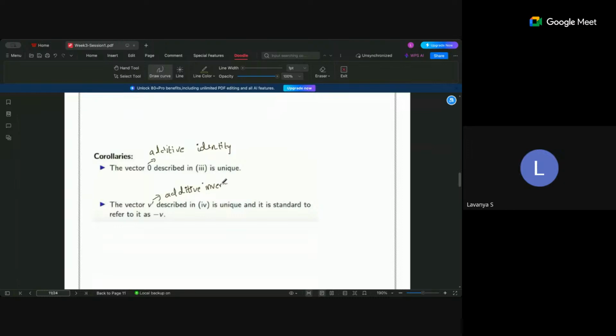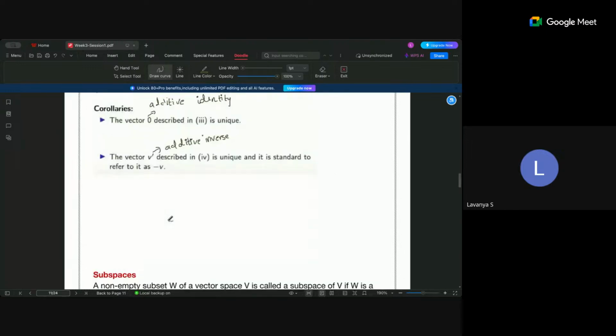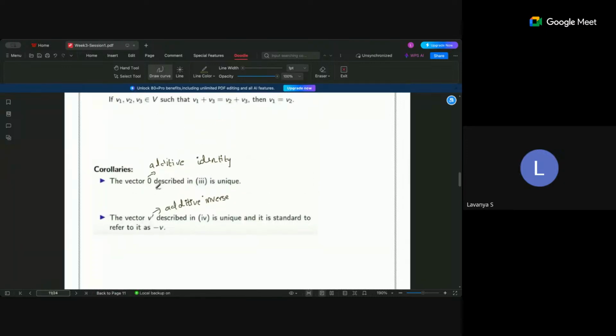What does it mean by unique? There cannot be more than one element which can satisfy the property. So these elements are unique. I don't want to get too involved with the proofs of these statements. It is enough as long as you know that it is unique. There cannot be more than one additive inverse and one additive identity.